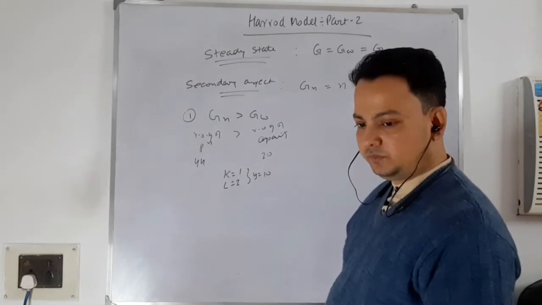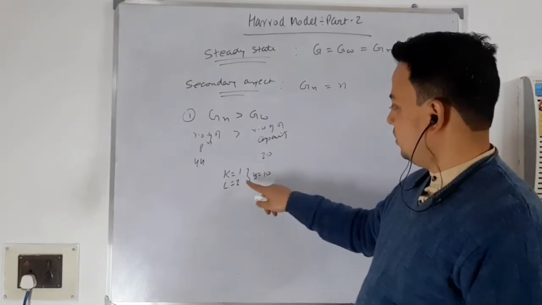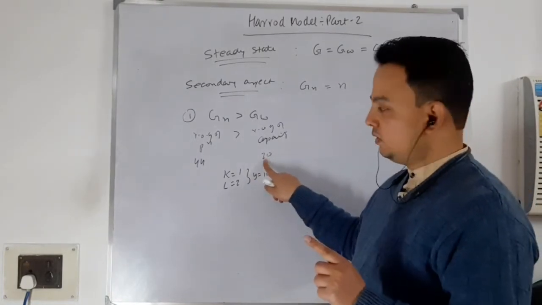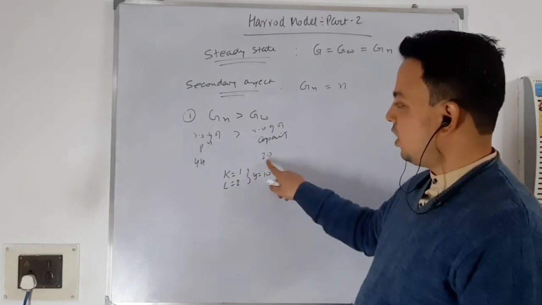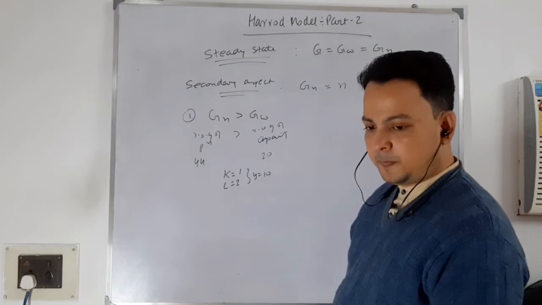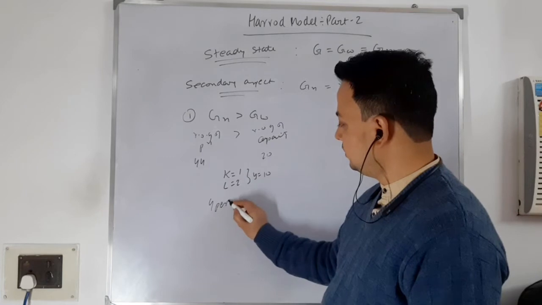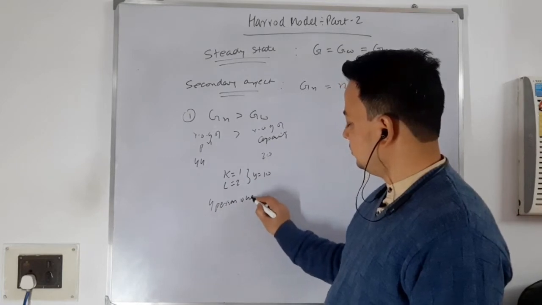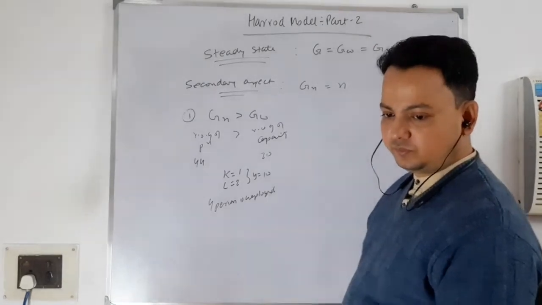So I am using 1 unit of capital with 2 units of labor. So when I am using 20 units of capital, how much labor do I require? 40 units of labor. That means 4 are unemployed.